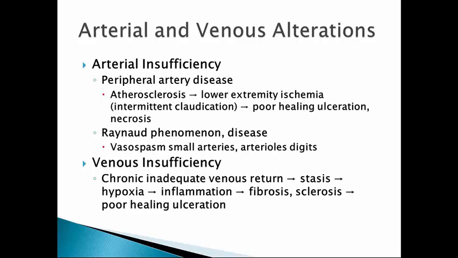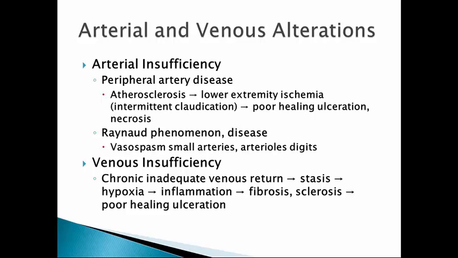And the atherosclerosis doesn't just occur in the coronary arteries or the cerebral vessels, it occurs in our periphery. Because of this atherosclerotic process, this causes lower extremity ischemia, and this manifests as intermittent claudication. Intermittent claudication is pain with activity that is relieved by rest.